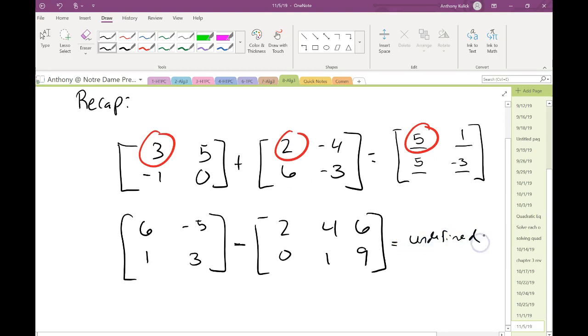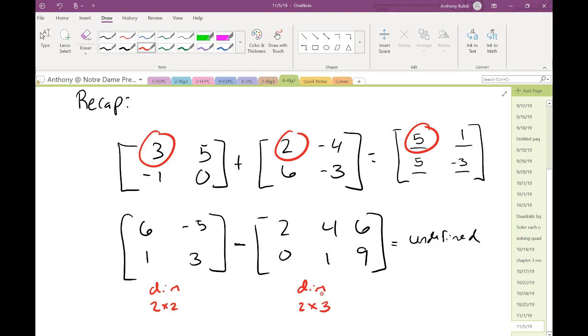What's the problem here? Yeah, the dimension for this one is 2 by 2. What's the dimension for this one? 2 by 3. And we know that if the dimensions aren't equal, we can't do addition or subtraction, right?